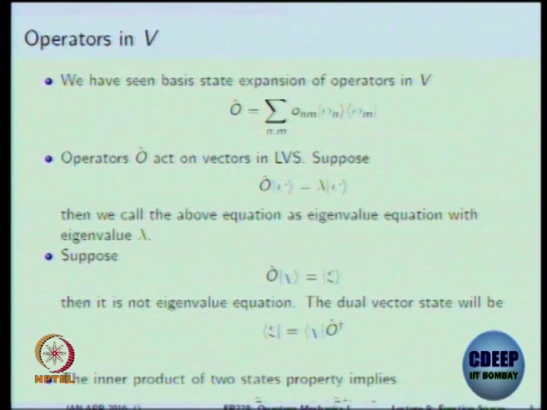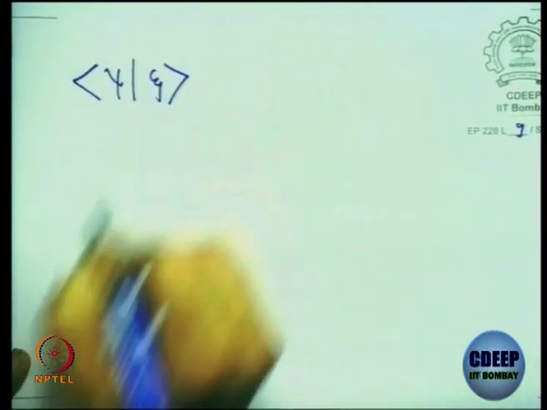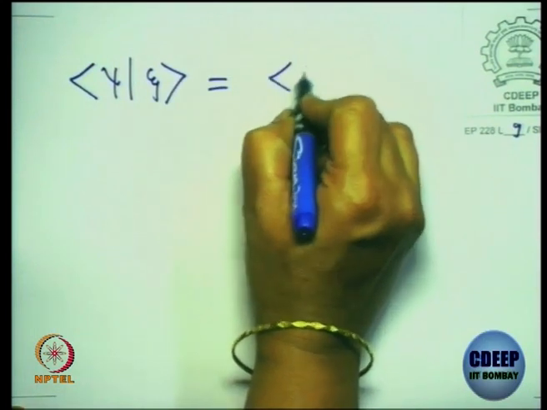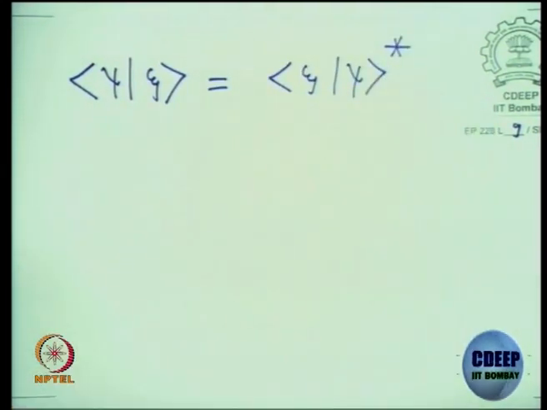So for the inner product of these two states, what is the property of the inner product? If you had a chi and a xi, it has to be... is that right? Okay.